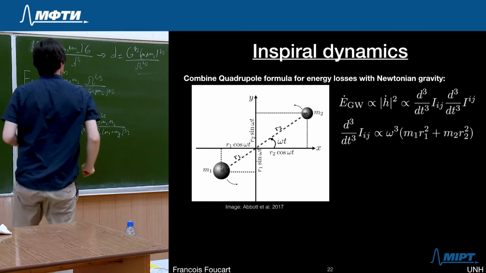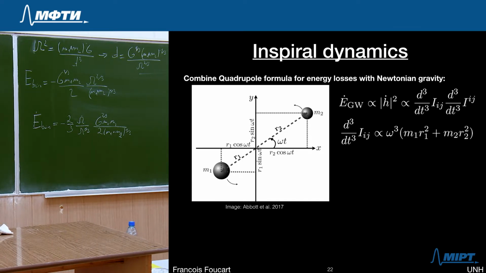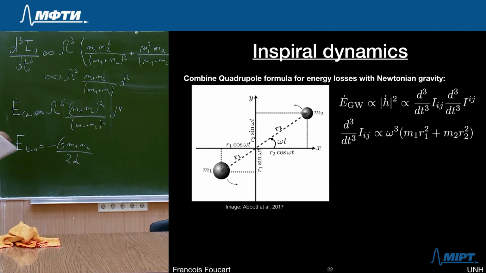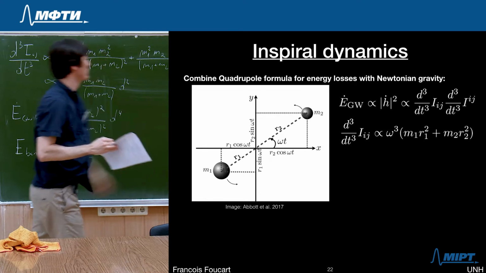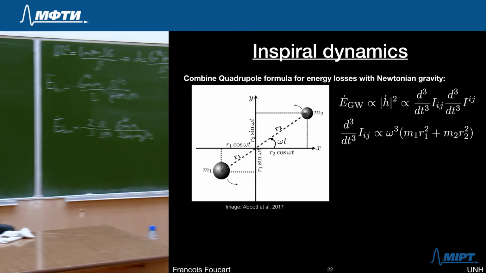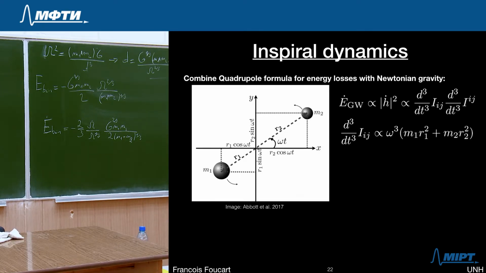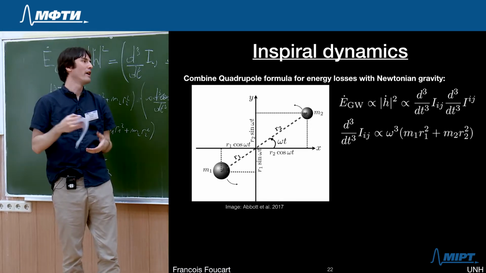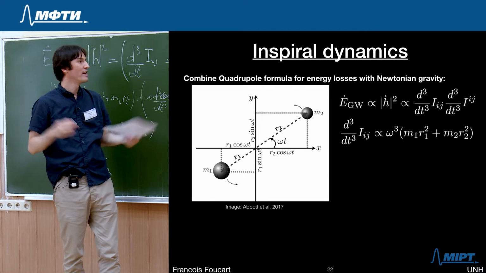Right. Now this one should be equal to, this is proportional again. I have left some numerical factors out. This one and this one should be exactly opposite, if I want the energy loss from gravitational waves to correspond to the energy loss of the binary as it spirals.